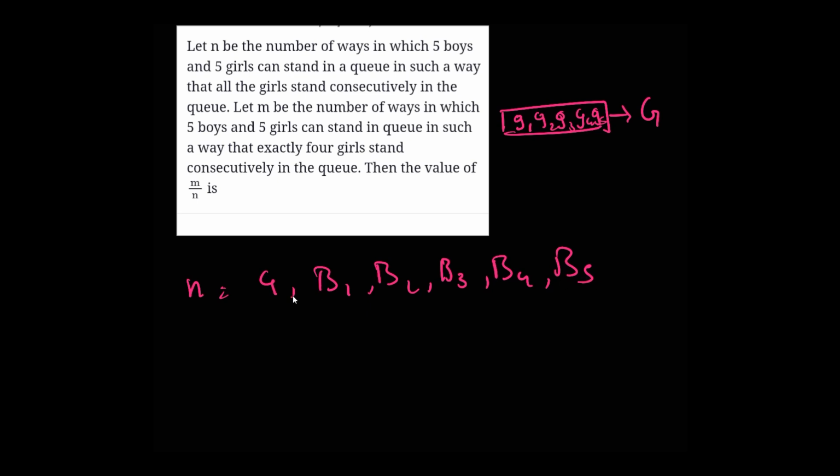These are all five boys, and in the G there are five girls. Then n equals first the arrangement inside G, the number of distinct arrangements of G will be 5 factorial, into the arrangement of G, B1, B2 and so on up to B5, which will be 5 plus 1, 6 elements. We should arrange them. That will be 6 factorial.